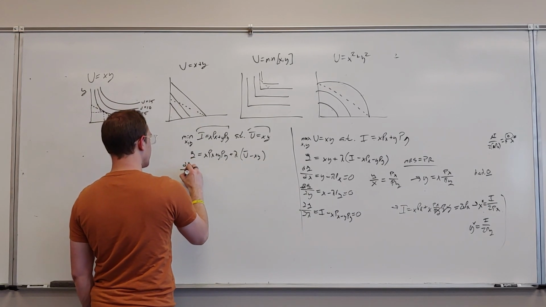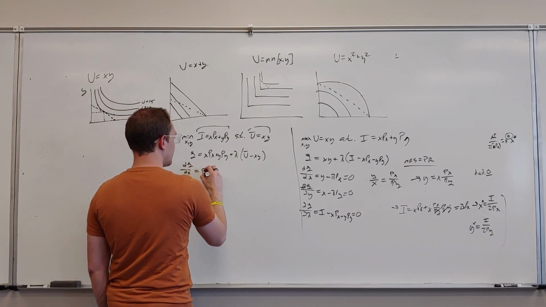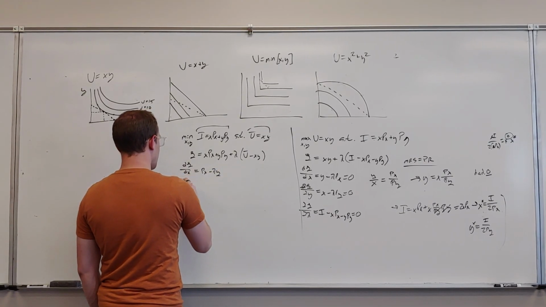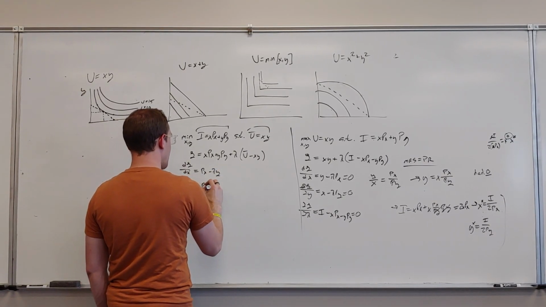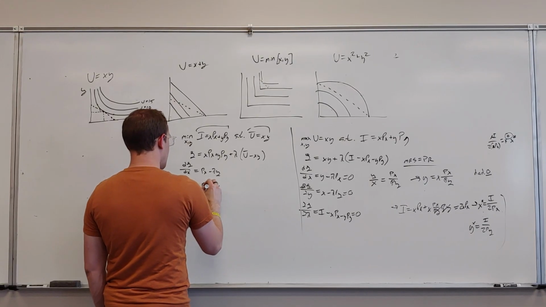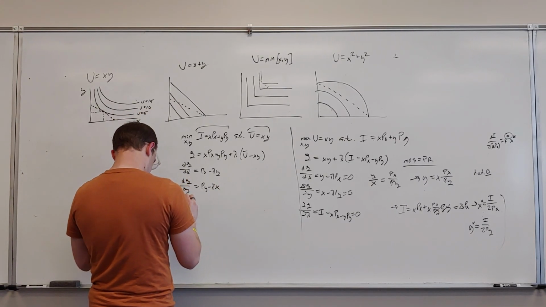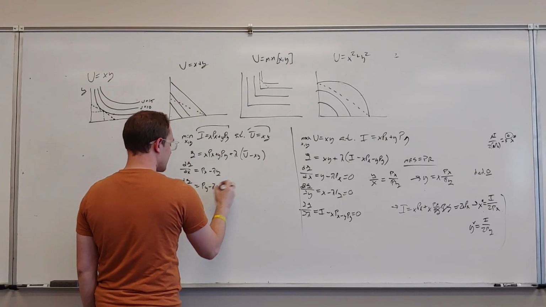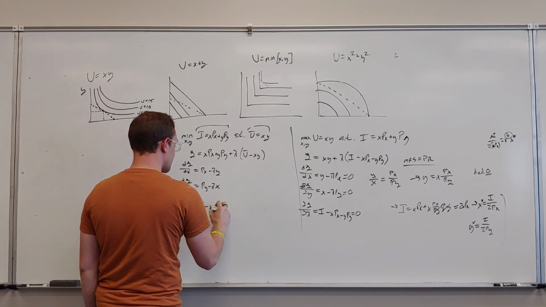You're going to take your derivative with respect to x and get p_x minus lambda y. All right, take it with respect to y, get p_y minus lambda x. And then take it with respect to lambda and just get your constraint, U bar minus xy.